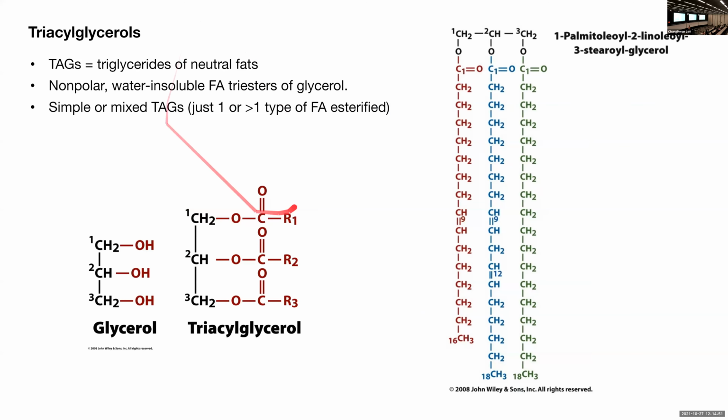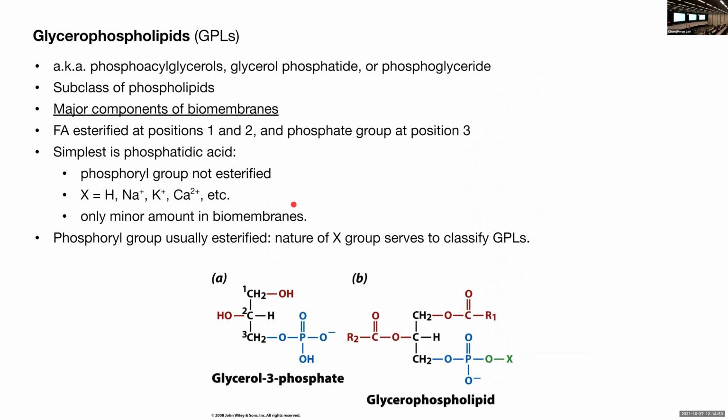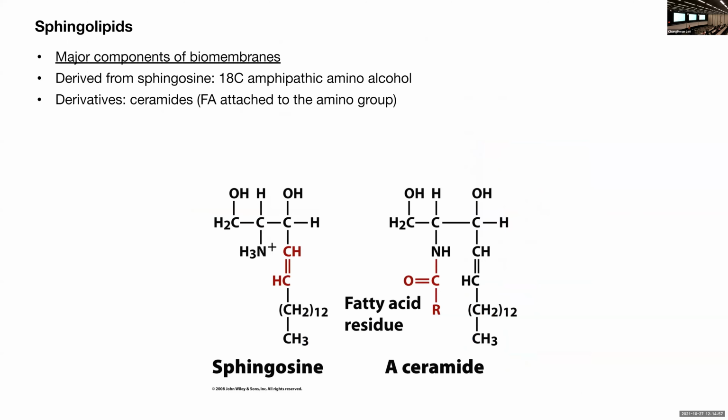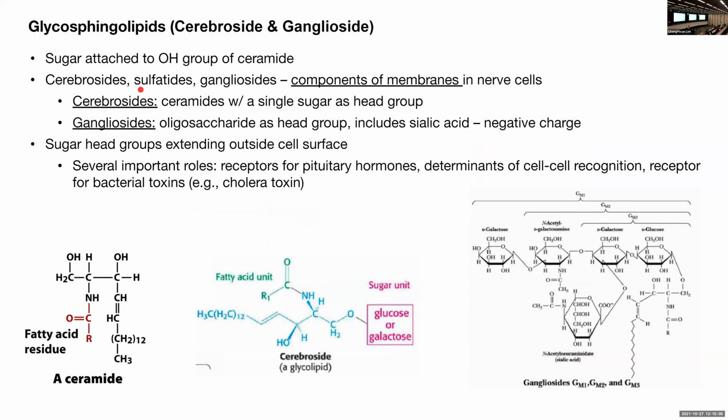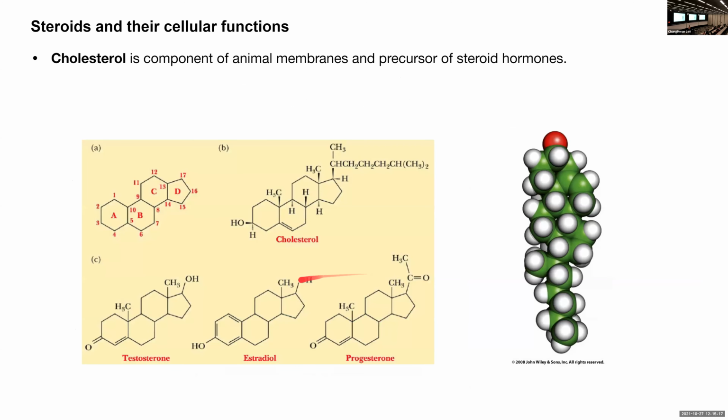So again, triacylglycerols, glycerophospholipids, as well as sphingolipids, their structures and where they are used. And glycosphingolipids too, which are cerebrosides and gangliosides, their structures, what they're attached to as a head group. And steroids, their structure.